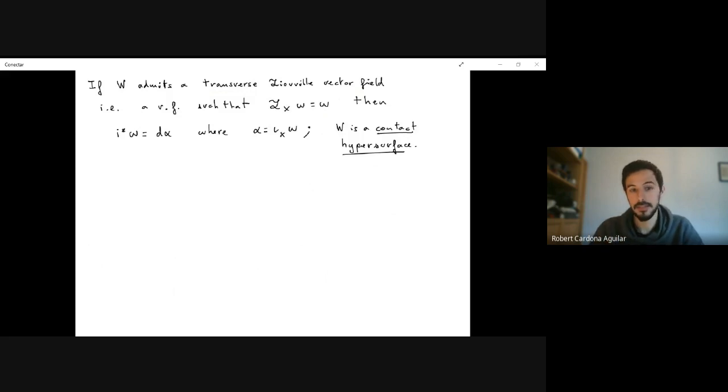Then if you restrict the contraction of ω by the Liouville vector field, this is what is called a contact structure. And the Hamiltonian structure that is associated to it is just the differential of this one-form. So this is the Hamiltonian structure.